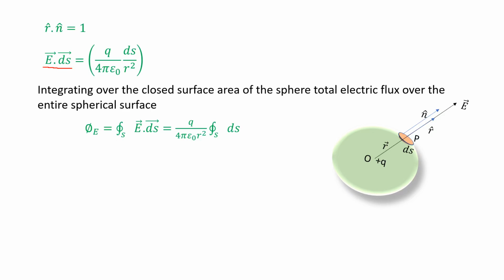Surface integral of ds means total surface area of the surface. So total surface area will be equal to 4 pi r square. So this becomes equal to q upon epsilon naught, 4 pi r square, 4 pi r square cancel out. So phi E, that is total electric flux, is equal to q upon epsilon naught.